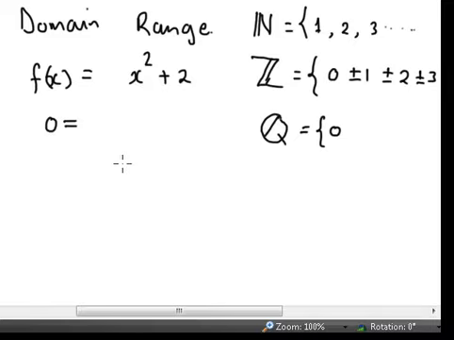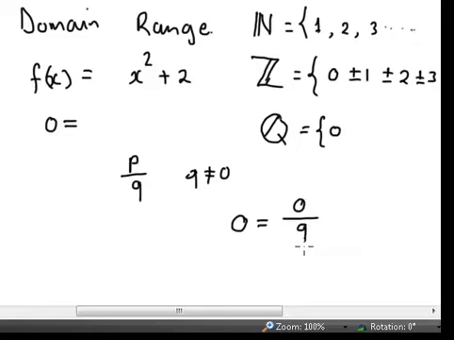First of all, a rational number is a number which is p over q. p must be an integer, and q must be an integer, and q must not be equal to 0. Now, 0 itself is equal to 0 over q, where q is not equal to 0, isn't it? So 0 is a rational number.